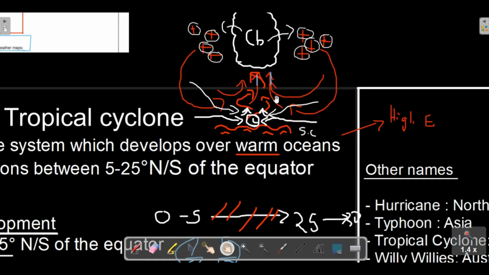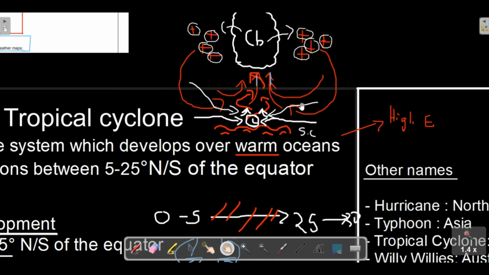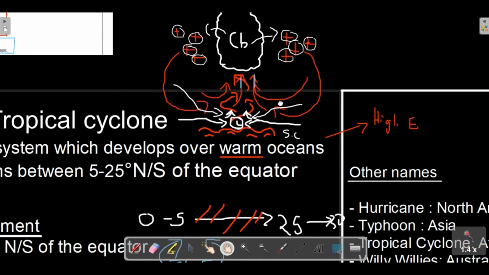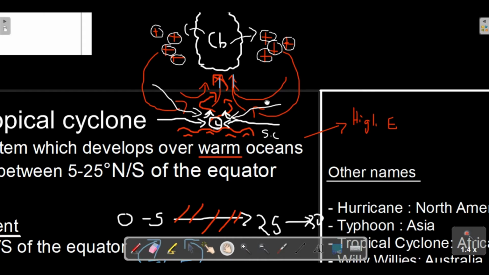By cooling down, guys, we're actually transferring energy from the lower altitudes to the higher altitudes. And so now this energy is released. What happens is this warm, moist air cools down and condenses.